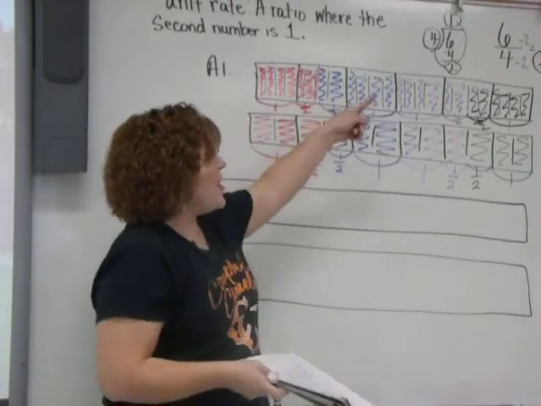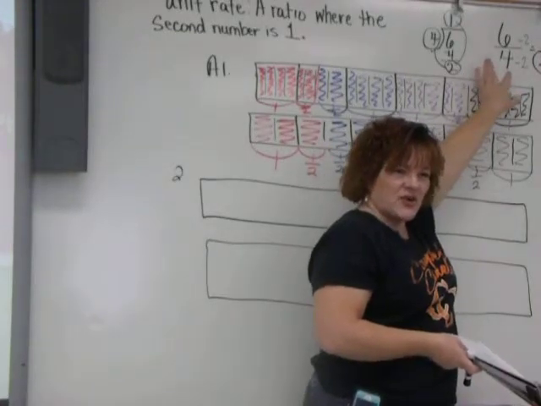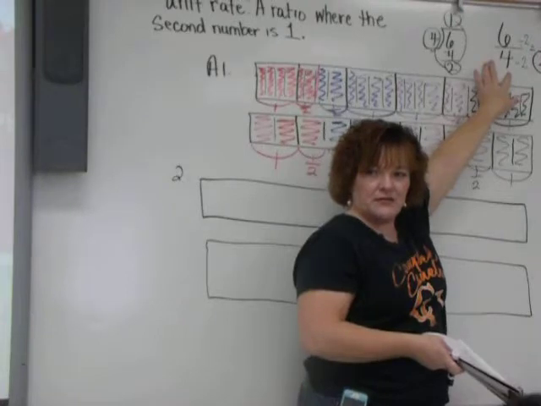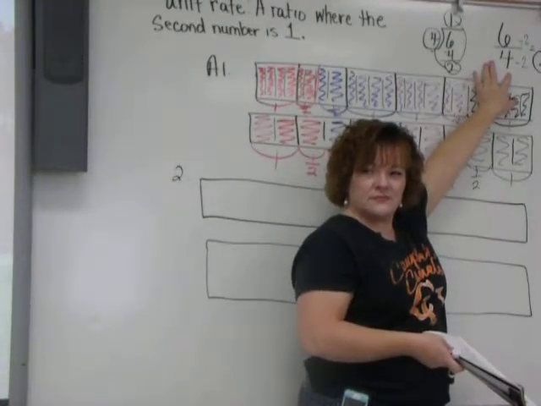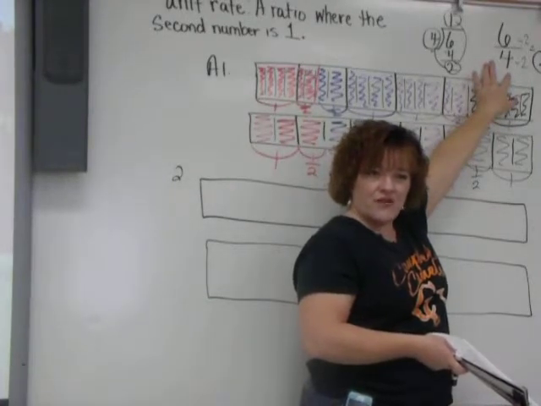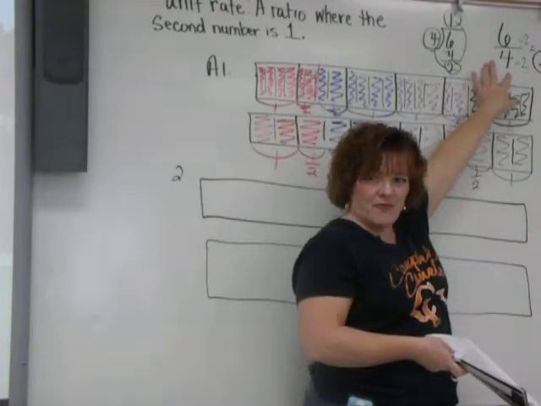How would I have known just by looking at the fraction I made that each person was going to get more than 1 whole segment? Is it a regular fraction or an improper fraction? It's an improper fraction.